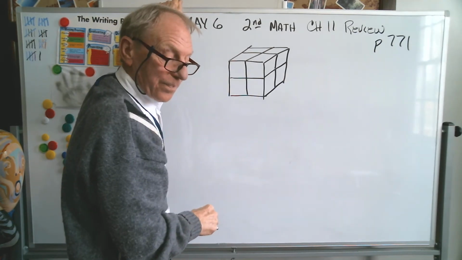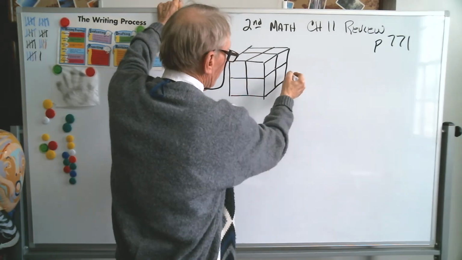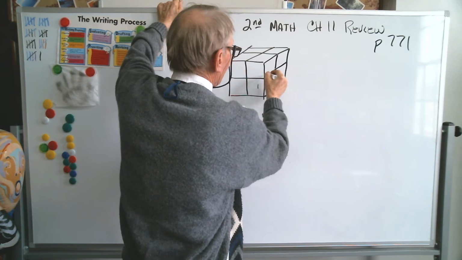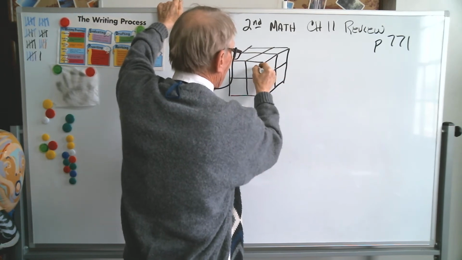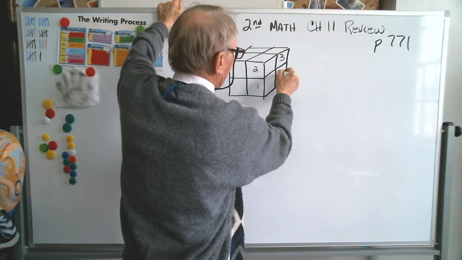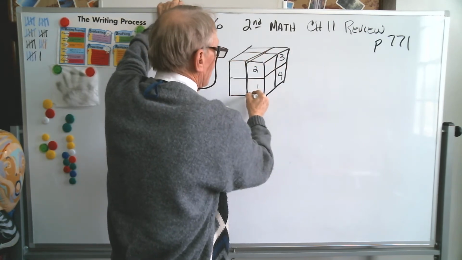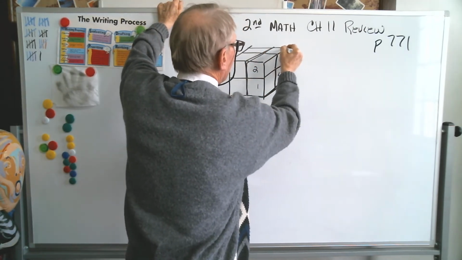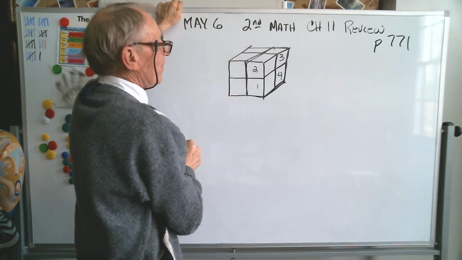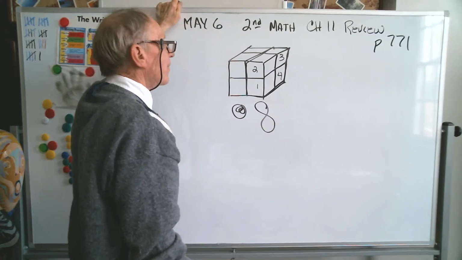So, understand that in each one of these, this is 1 block here, this is another block here, and then there's another block here, and another block here. So there's 4 blocks in this part of it. So if there are 4 blocks there, there's going to be 4 blocks over here. So altogether, 8.